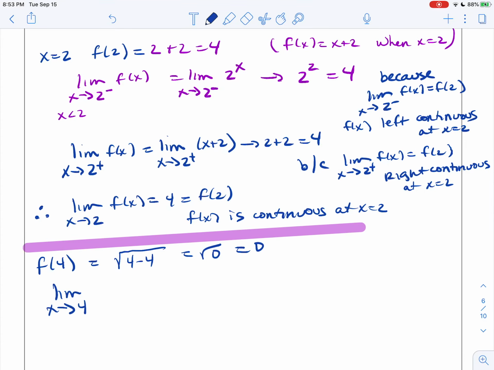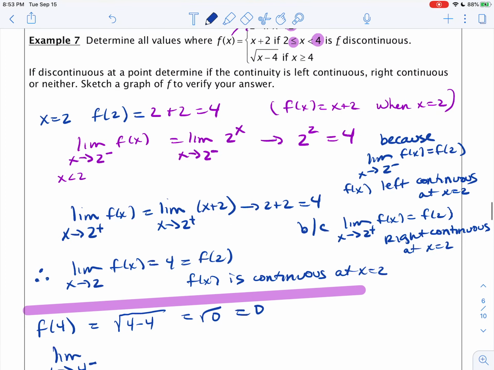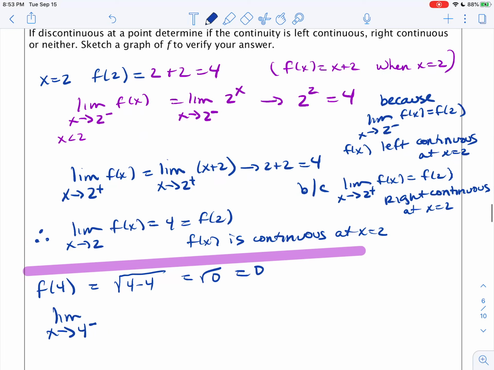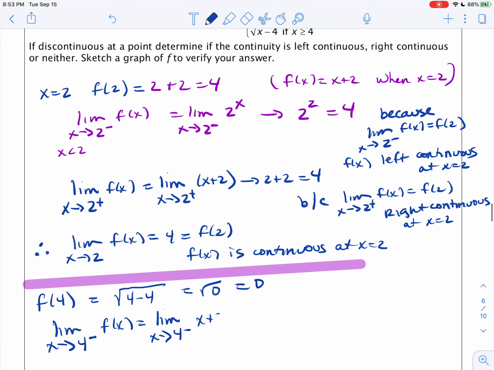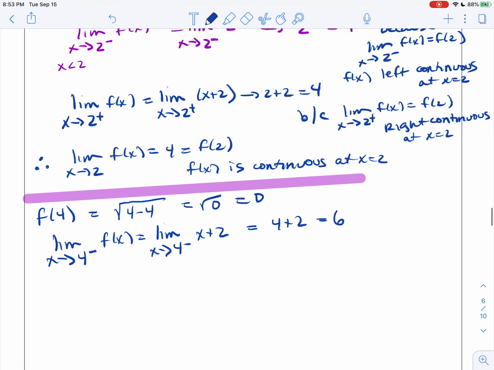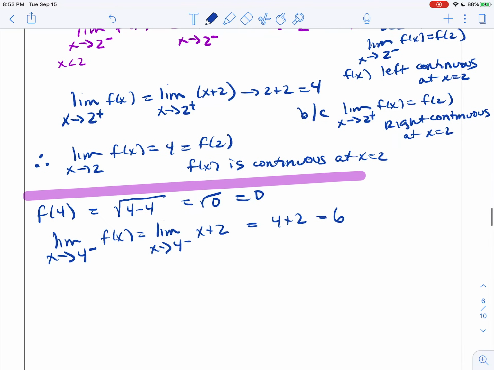What is the limit as x approaches 4 from the left? If I'm coming from the left, then I'm coming from below 4. And that's going to be the limit as x approaches 4 of x plus 2. And that's going to give me 4 plus 2, which is 6.